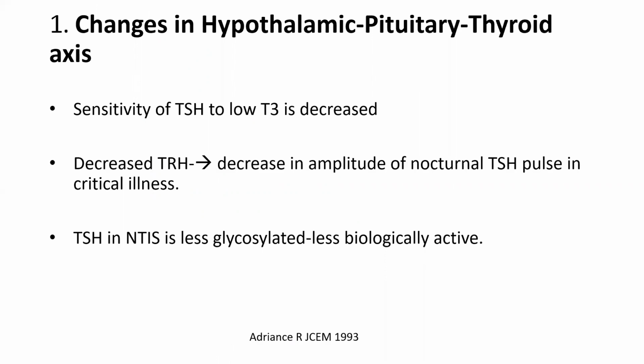And when T3 is reduced, TSH is not increased appropriately to the low T3. There will also be a reduction in TRH in the hypothalamus. So it causes a reduced amplitude of the nocturnal pulse of TSH in critical illness. Also, the TSH is less glycosylated, so it is less biologically active. The stimulus for the thyroid is less from this TSH in critical illness.